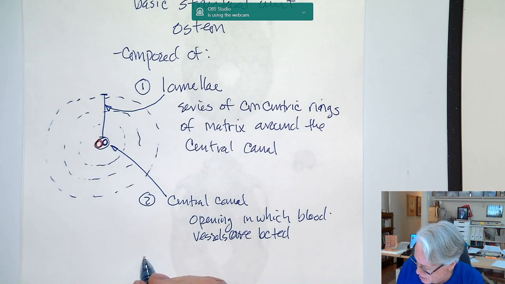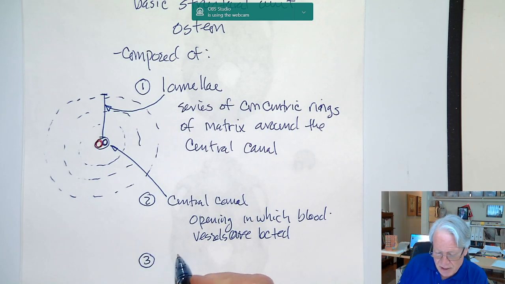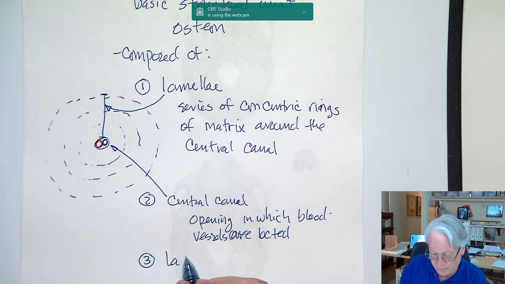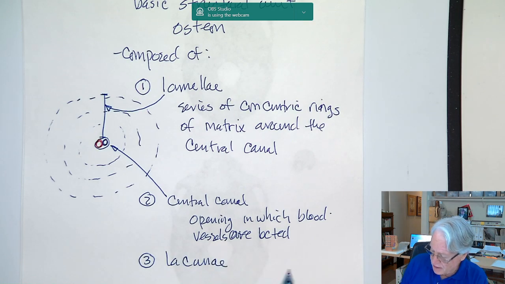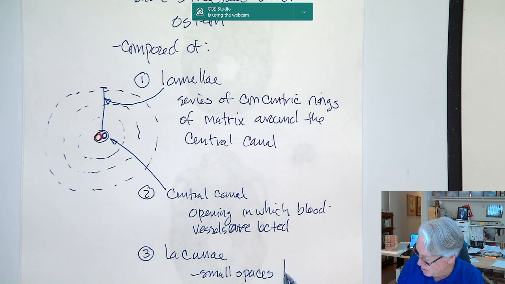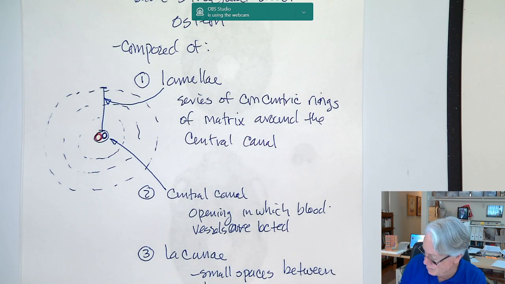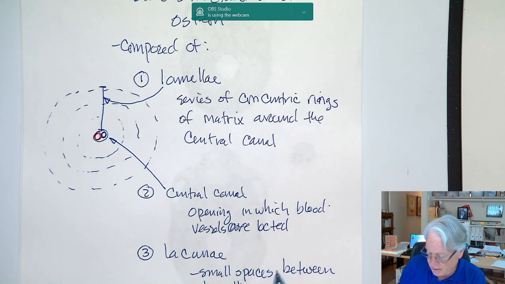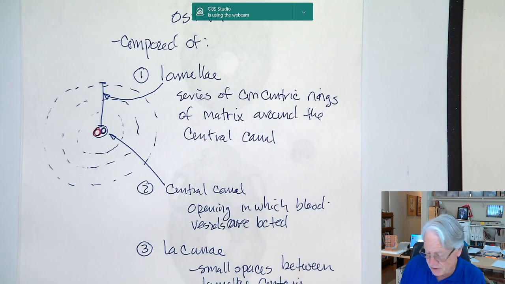And then number 3, I'm going to have the lacunae. Lacuna. And these are small spaces between lamellae that contain osteocytes.